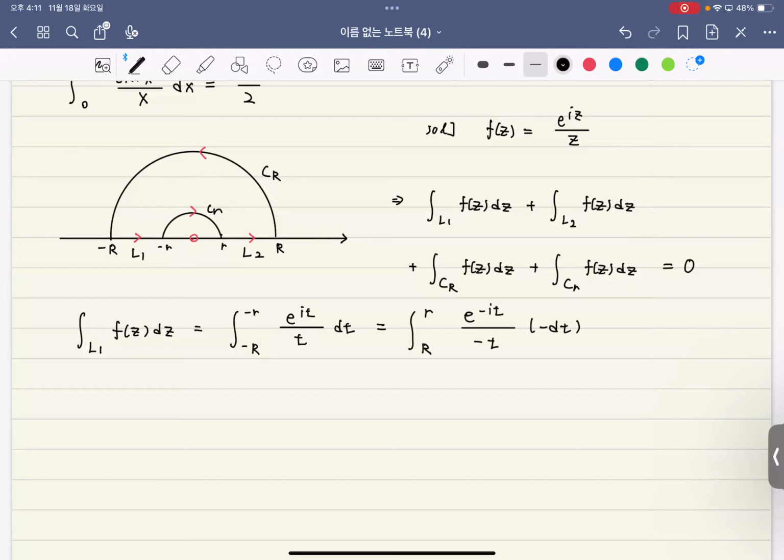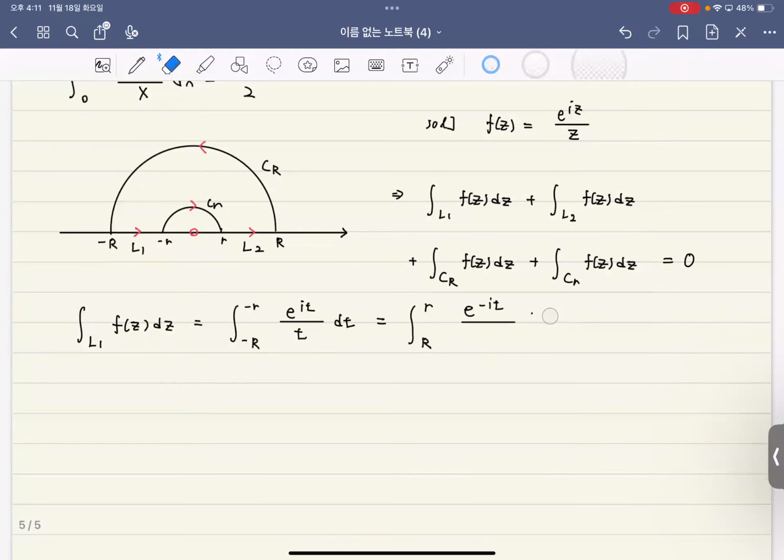And so, simply, t dt. And also I want the larger one on the top and the smaller one on the bottom. So large R, small r, e to the i times t over t dt, with a minus sign.